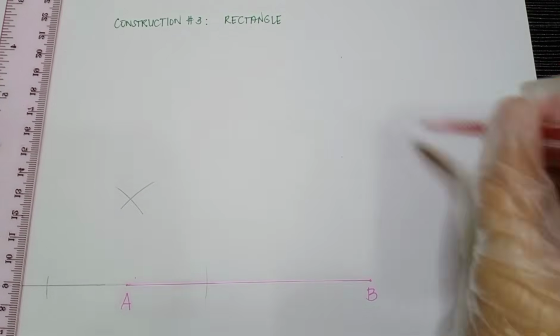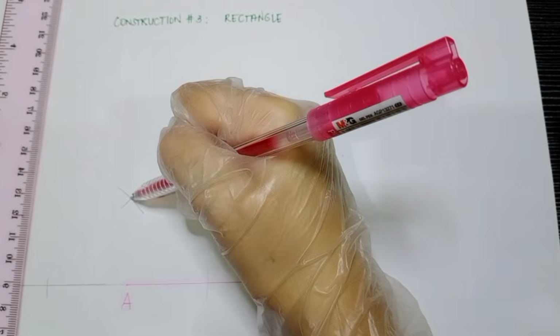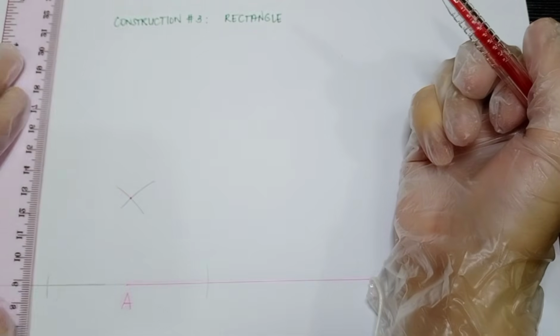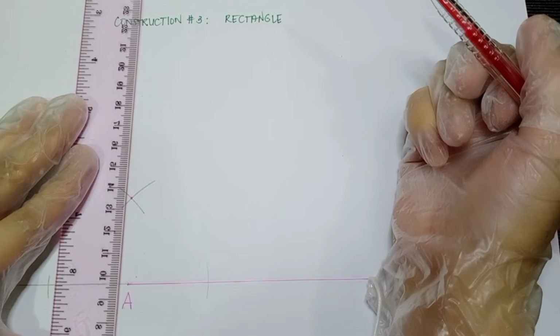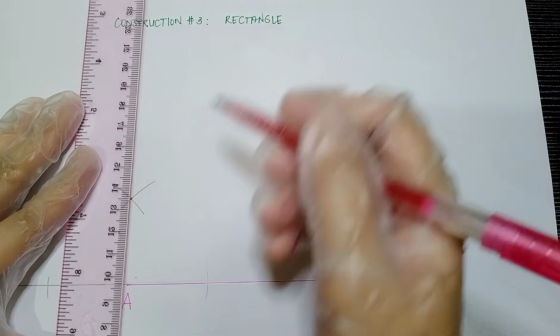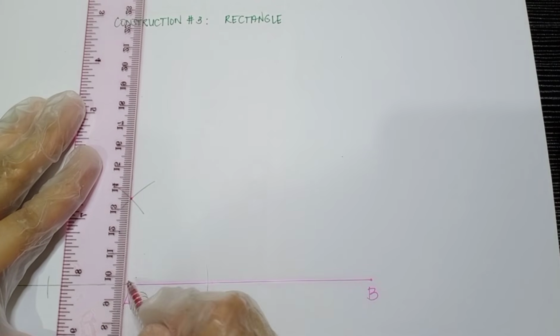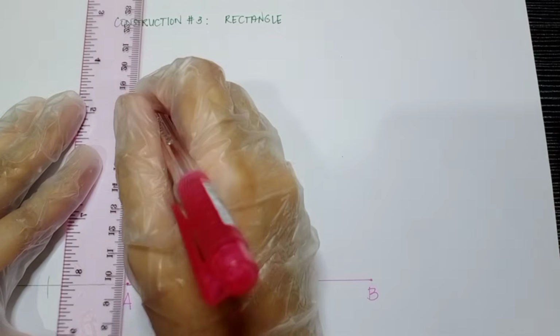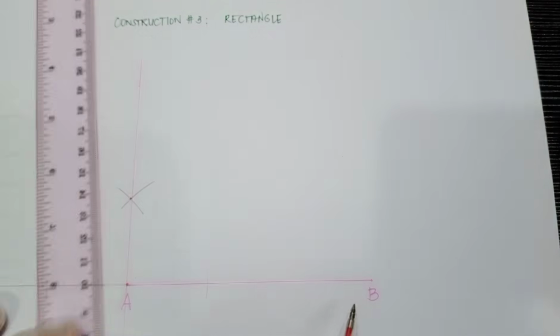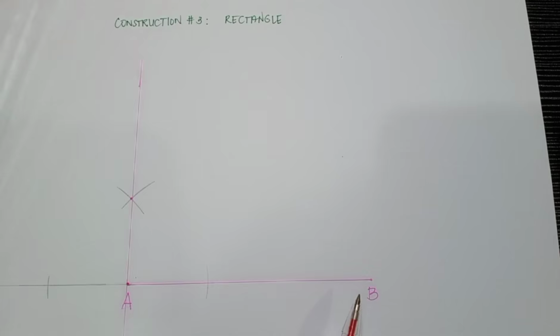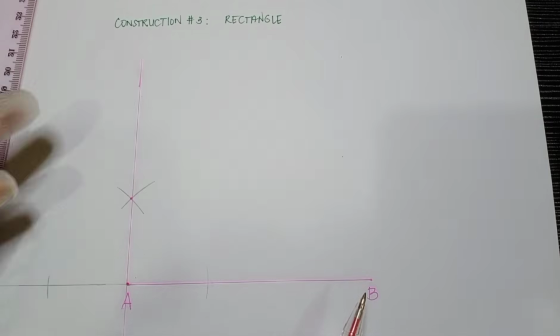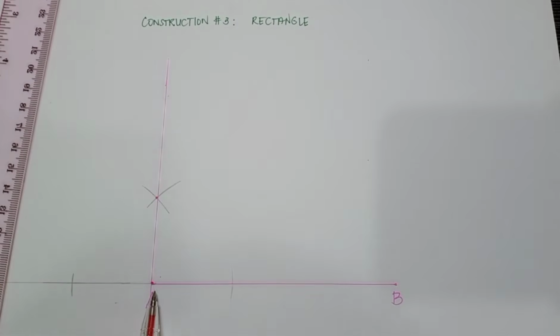So, we now have the intersection. Ito na po yung ating intersection. Magkikreate po tayo ngayon ng perpendicular line. Okay, now, so ito po yung ating perpendicular line dun sa ating A.